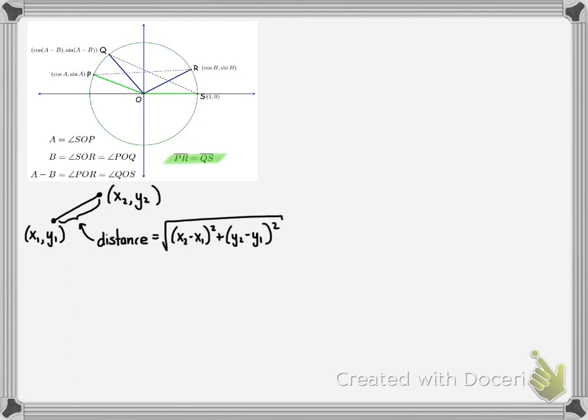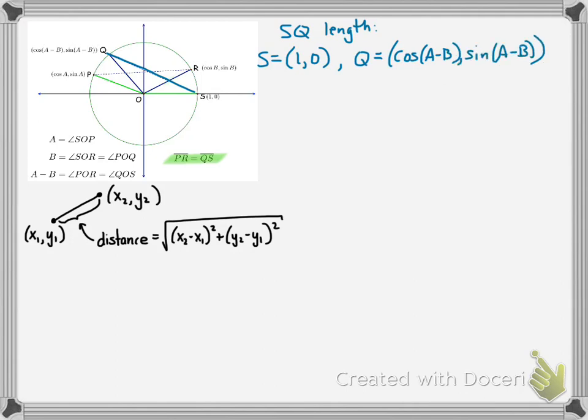So the first thing we want to do is come up with an expression that describes the distance from S to Q. SQ, its length, I can get by knowing that I've got this point (1, 0), that's our point S, and I have this point Q, which is (cosine of A minus B, sine of A minus B).